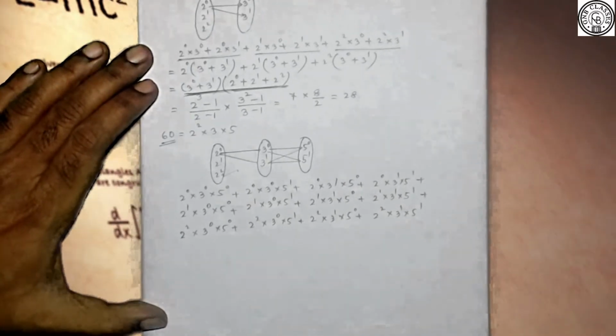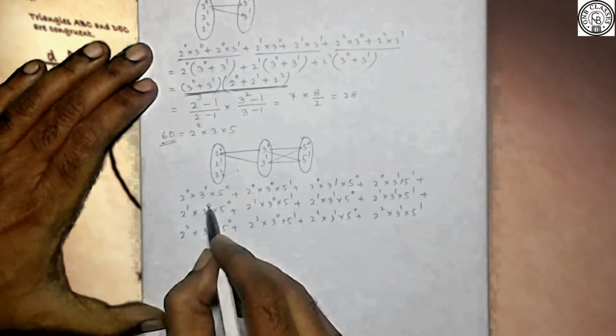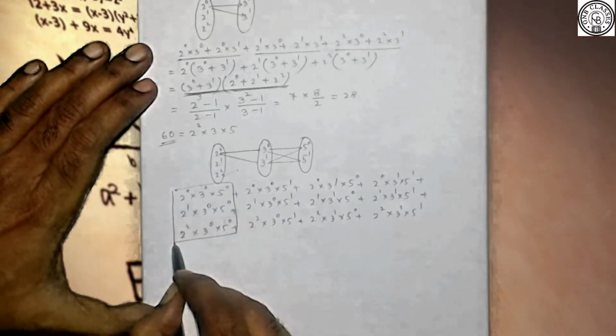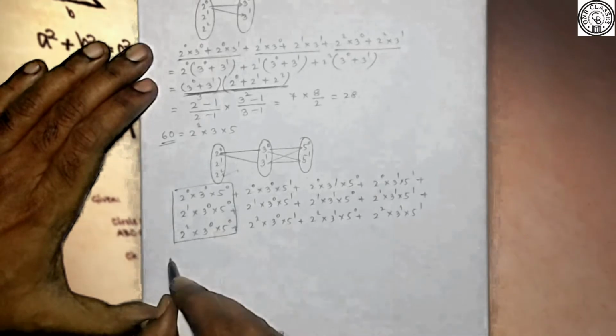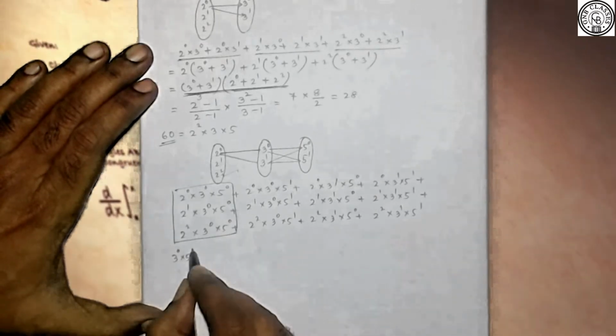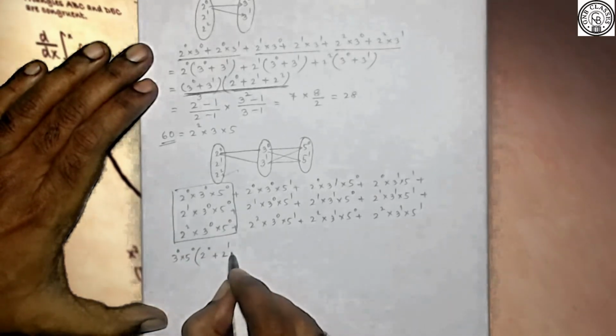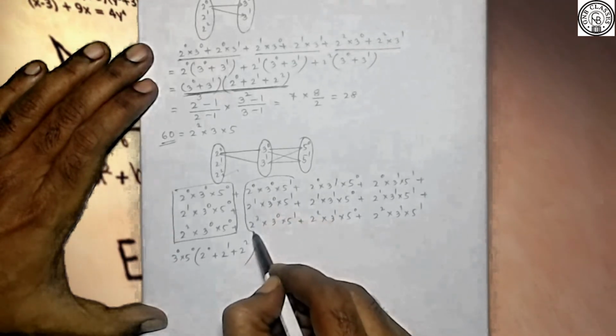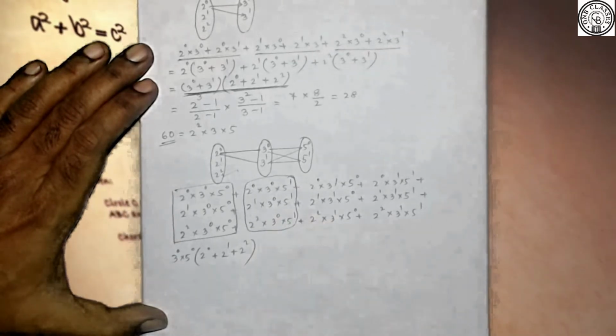So look at it carefully now. If I take 3 to the power 0 into 5 to the power 0 common from these 3 terms, we are having this. Again we are taking 3 to the power 0 into 5 to the power 1 common from this term.